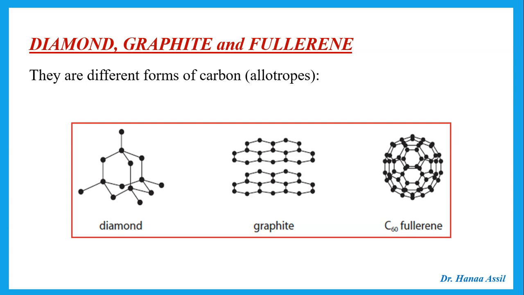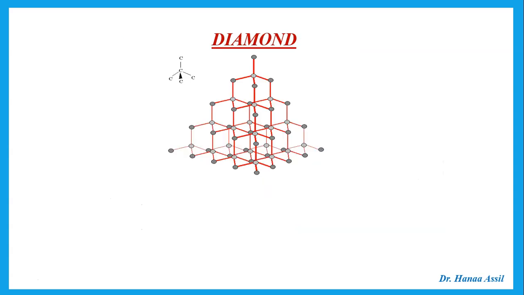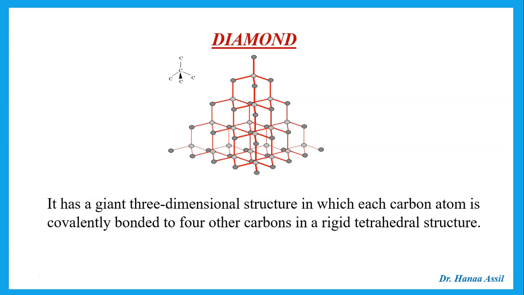Now, the giant non-metals are diamond, graphite, and fullerene. These are all different forms of carbon. Diamond is a giant three-dimensional structure in which each carbon atom is covalently bonded to 4 other carbons in a rigid tetrahedral structure.